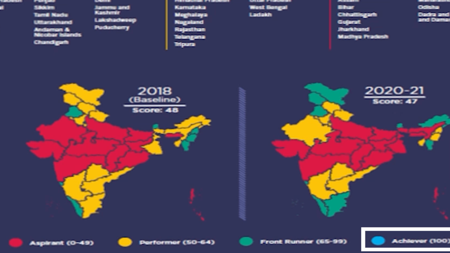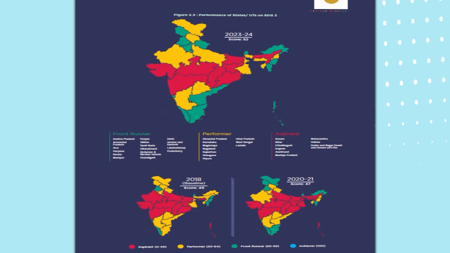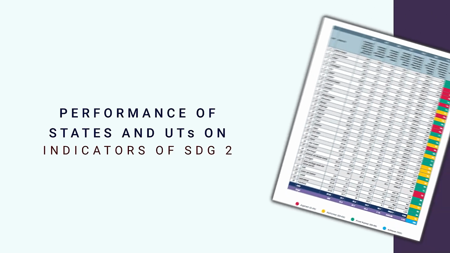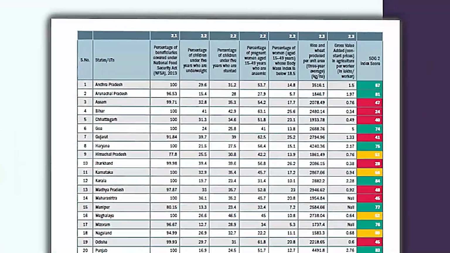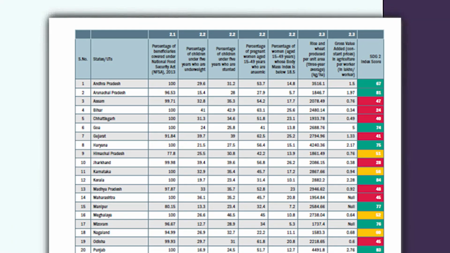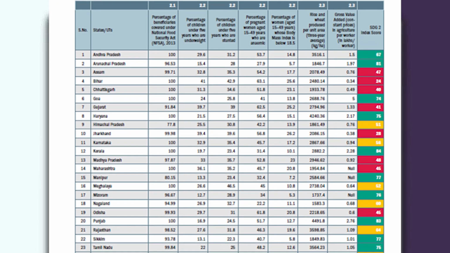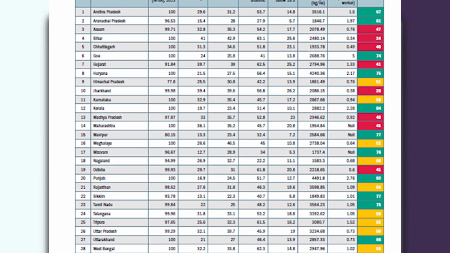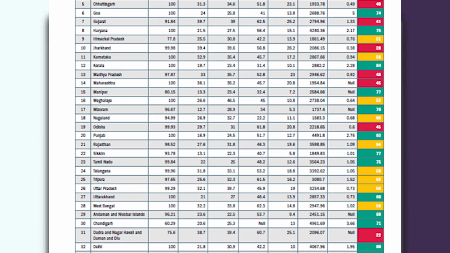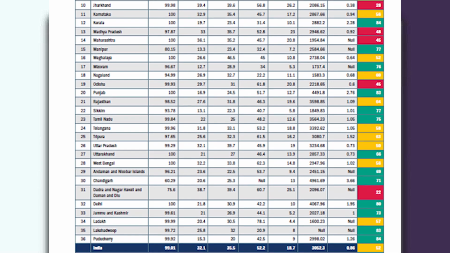You will see here the present status as per 2023-24. You will see the front runners are Andhra Pradesh, Arunachal Pradesh, Goa, Haryana, Kerala, then Punjab, and so on. Unfortunately, we also have aspirants as far as this score is concerned, with Assam, Bihar, Chhattisgarh, Gujarat, Jharkhand, Madhya Pradesh, Maharashtra, Odisha, Dadra and Nagar Haveli, and Daman and Diu.